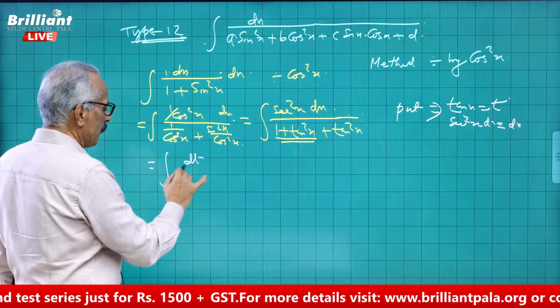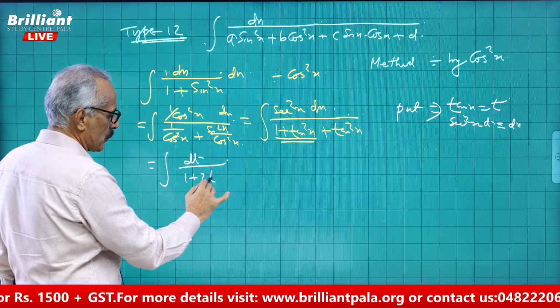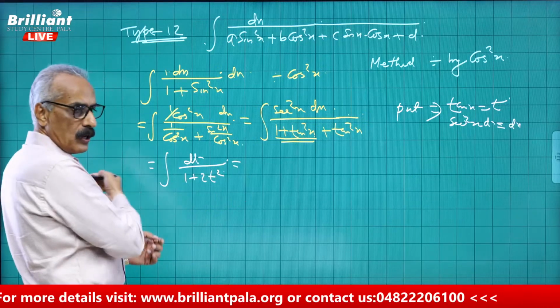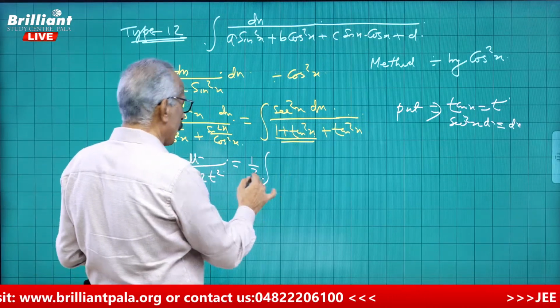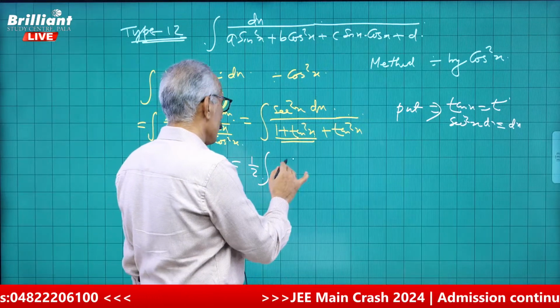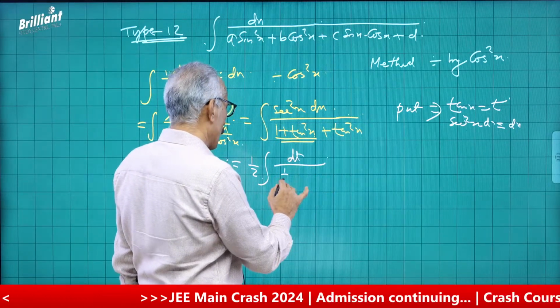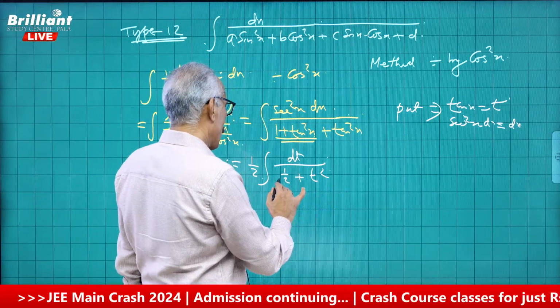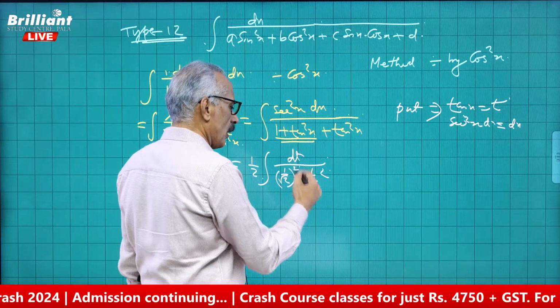That is dt divided by 1 plus 2t square. Take this 2 out: 1 by 2 into dt divided by 1 by 2 plus t square. 1 by 2 I write as 1 by root 2 the whole square.